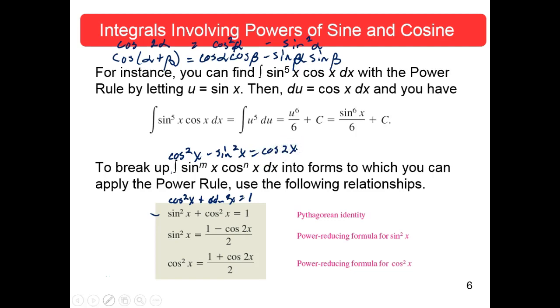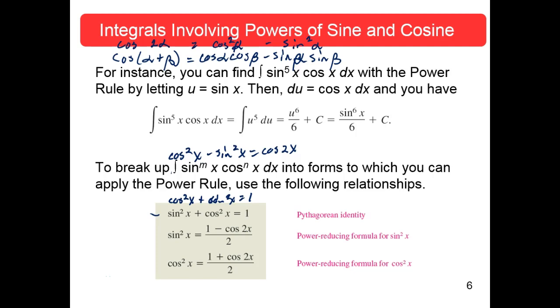Now, if you can remember this one, just rearrange the order of it, and this one, that's not that hard to remember. What happens when you add these two together? The sine squares go away. You get 2 cosine squared x equals 1 plus cosine 2x. Divide by 2, you got it.